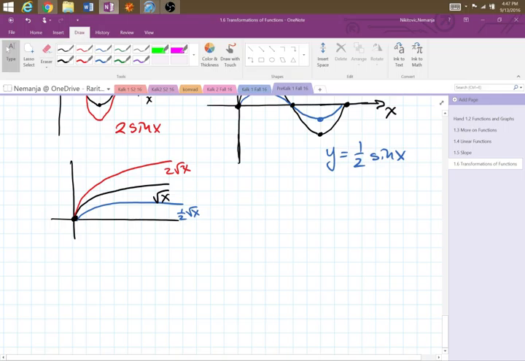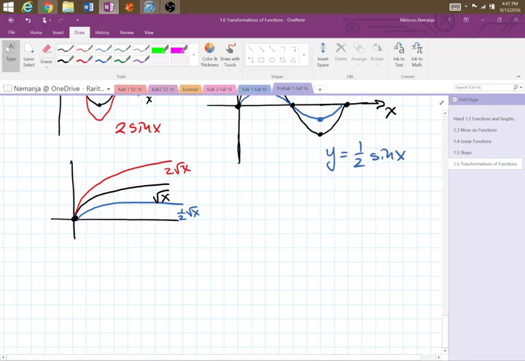So if this is the y value at whatever this x value here is, then 1/2 of that y value has to be half the distance, right? It should be some just common sense on the graph. And then the red one, you take this distance up there, so the red one should actually go to here.